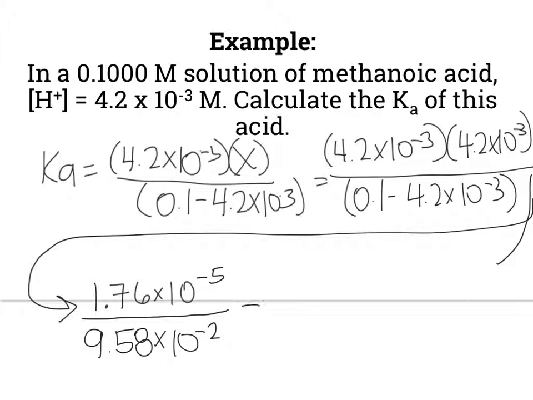When you divide that together, you get 1.84 times 10 to the negative 4th. And that is our Ka.